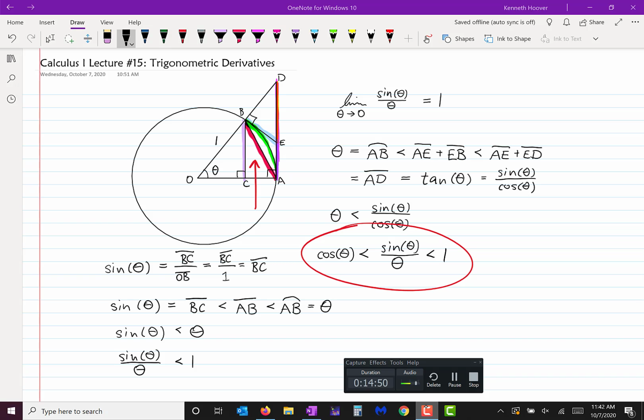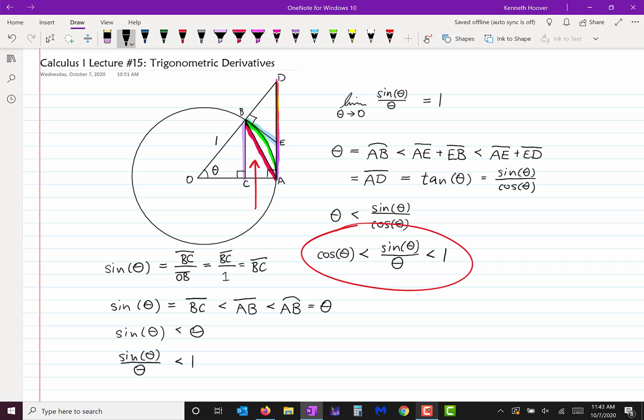Now all of that geometry that we did there, this is important. Theta is a positive angle. And that's important because there were some inequalities and I divided both sides by theta and the inequalities did not change directions, and that's because theta is a positive angle.